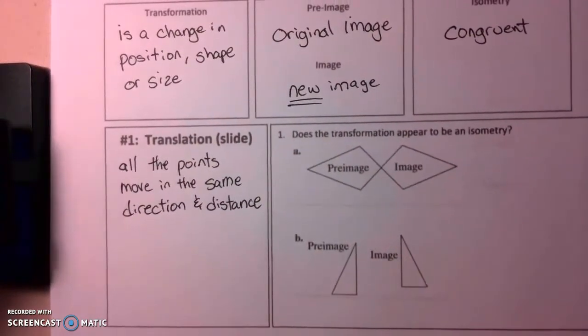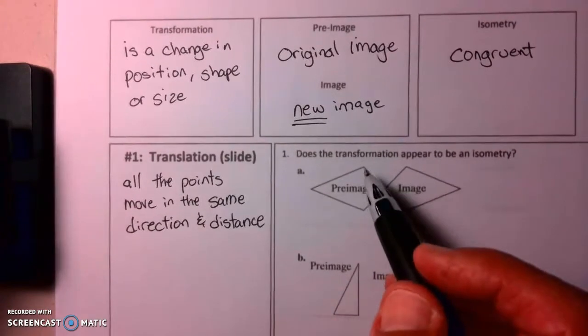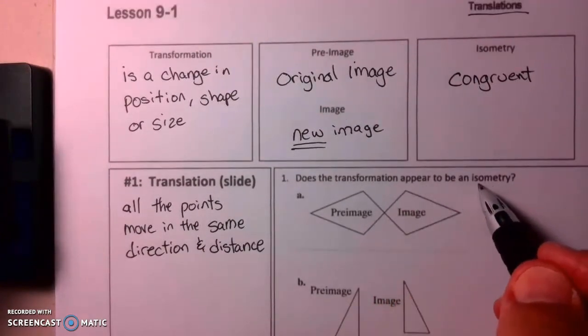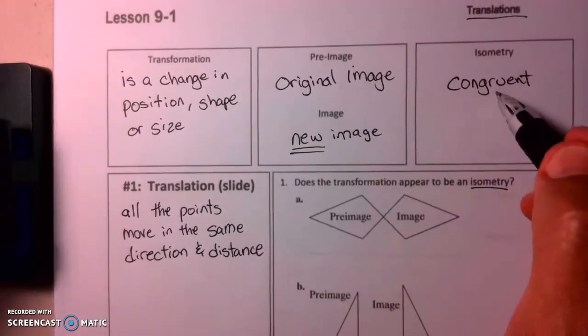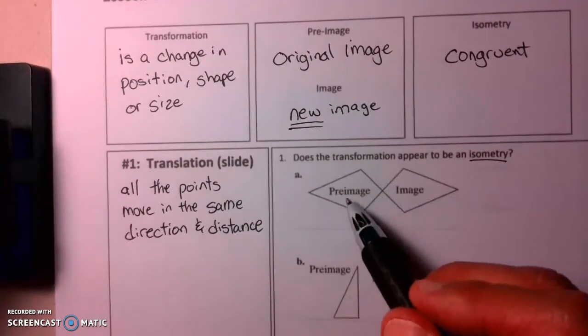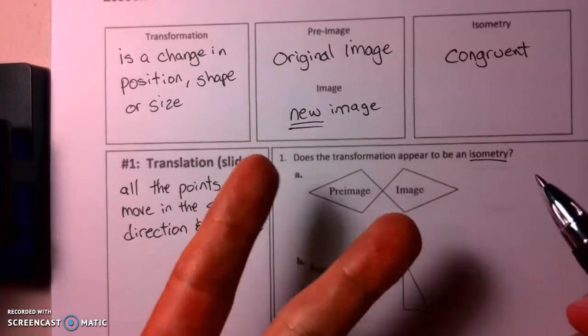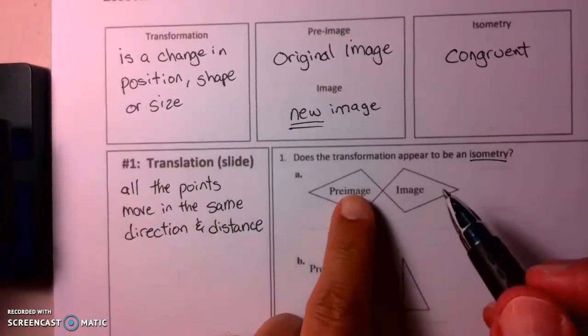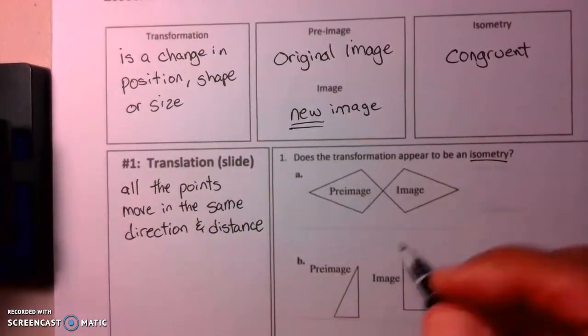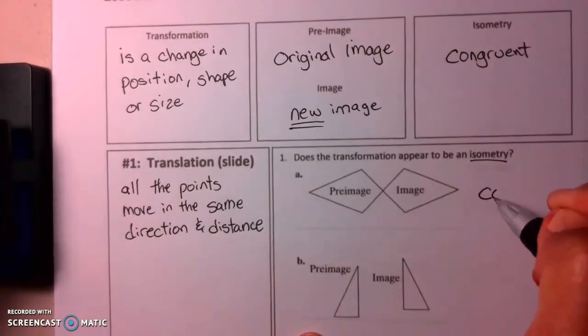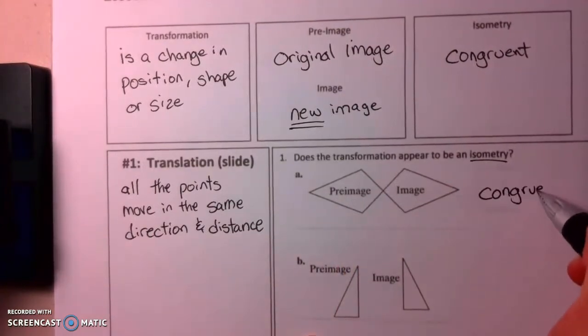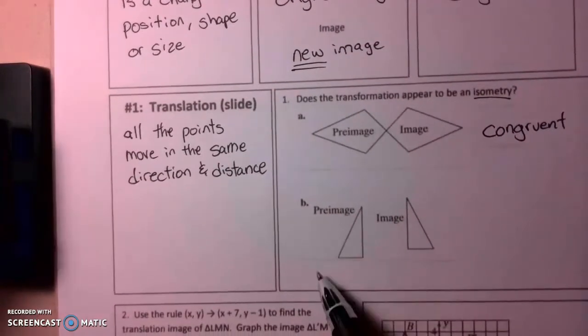We're going to start off with an easy one here. Does the transformation appear to be isometry, which is basically saying congruent? There is a pre-image, which is the original one, and then you have a new image, although you're just seeing 2 images on top. But basically, are they congruent? Are they isometric? And in this case, yes, they appear to be congruent. And here's a pre-image of a triangle.